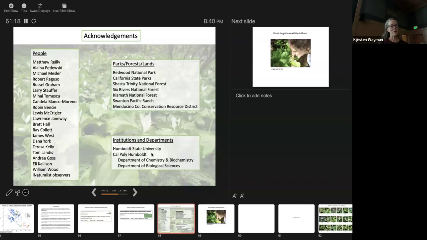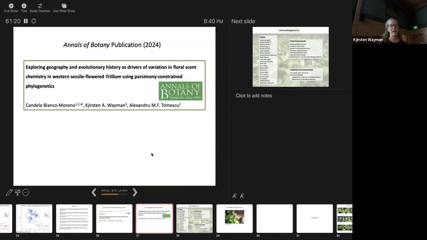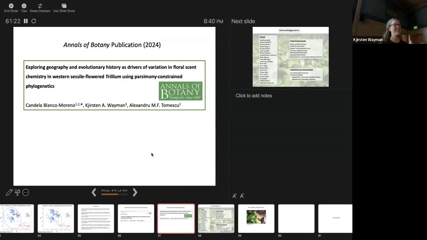I was just curious if anyone's done clustering like you did. I'm not familiar with morphometrics, and I'm not a statistician at all. But with this study, Mihai and Candela took my data and they did a phylogenetic analysis, so the trees and clusterings that you would see with genetic data. Candela also did some different statistical analyses as well.